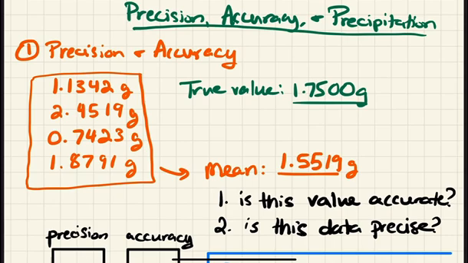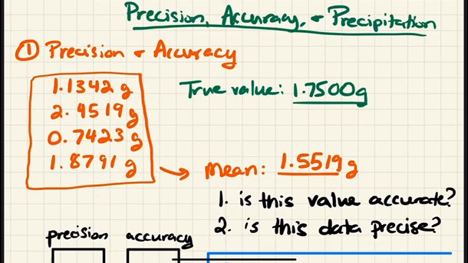We have a series of different balances, and all of these balances can go to 4 decimal places in terms of the measurements they're able to make. So we place the sample on these 4 different balances, and we get the data shown in this orange box.